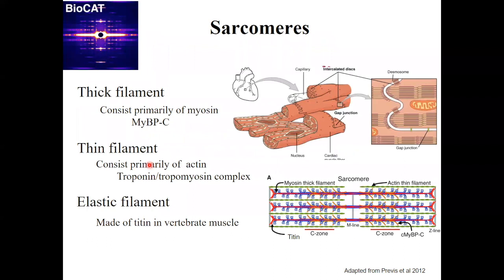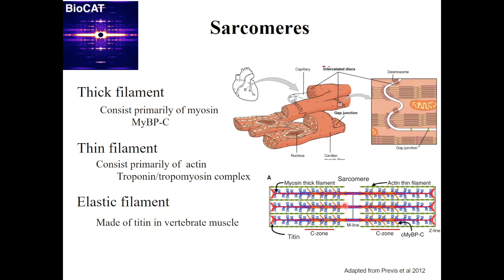Before we get into the real science, we need some background. Most of you already know this, but in case someone doesn't, let's do a brief introduction. The heart is composed primarily of cardiac muscle tissue, with branching muscle cells. Cardiac muscle is striated and organized into a basic contractile unit called the sarcomere.